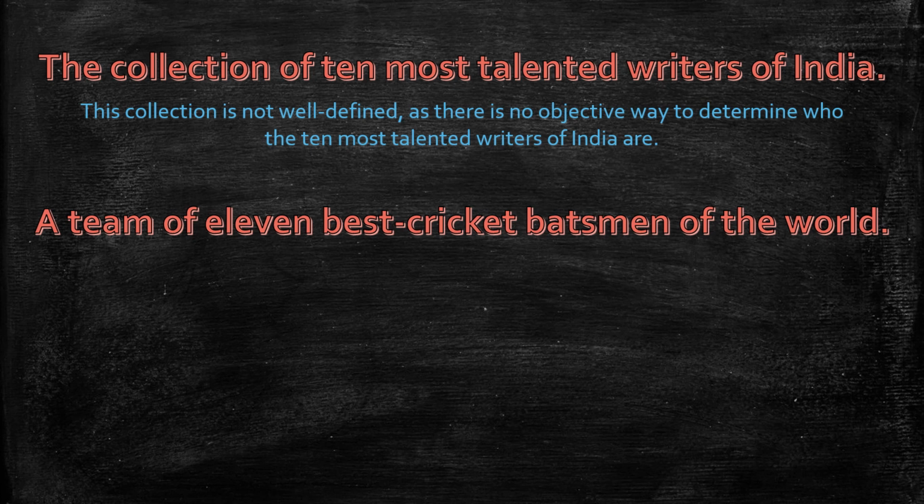But there could be more than 11 cricket batsmen who could be considered among the best in the world, right? The arbitrary restriction to 11 players further complicates the definition of this collection and makes it inconsistent with the concept of a set. So I cannot consider this phrase as a set.